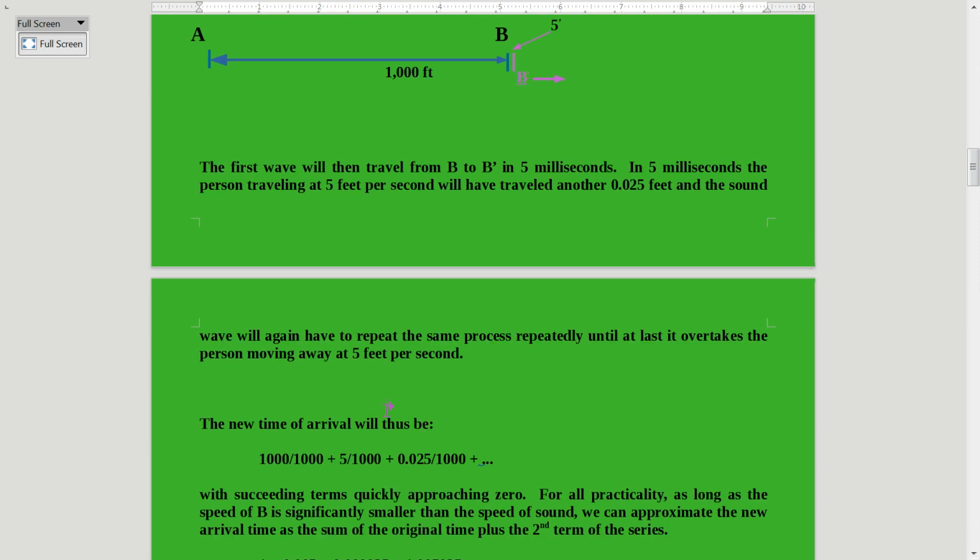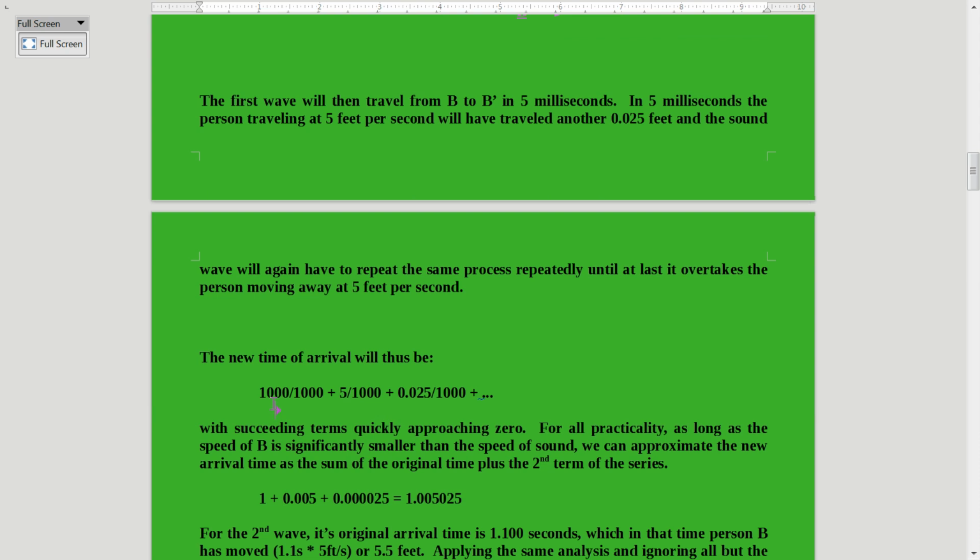Now, if we add up all that stuff, we have the 1,000 feet from point A to point B, plus the 5 feet traveled in that 1 second by the person, plus the 25 thousandths of a foot traveled by the person in the time it took sound to cover 5 feet, and we divide it by the speed of sound.